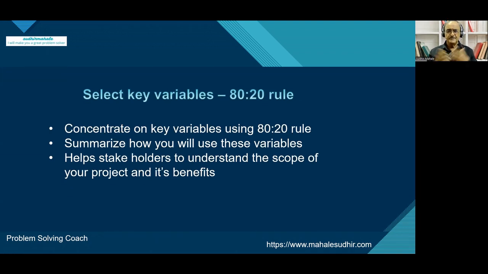Then, using the 80-20 rule, we have to select key variables, summarize these are the variables and how you will use them, and then make your research report, that is the complete definition, and that will help in determining and helping stakeholders, because money will be required. So whoever releases the money, the stakeholders, we have to convince them, and then understand the scope of your project and its benefits.